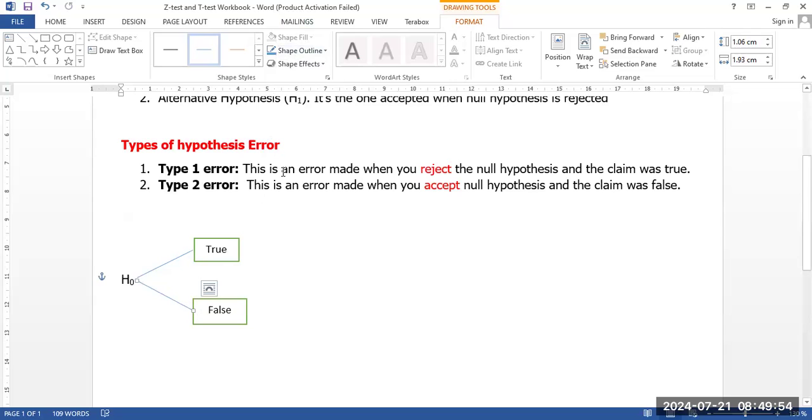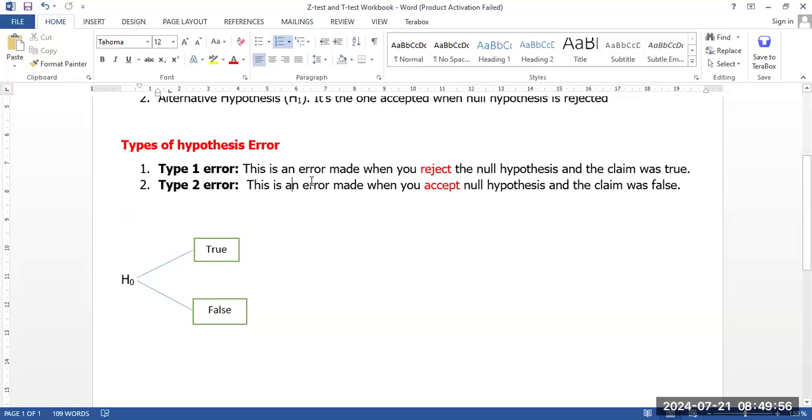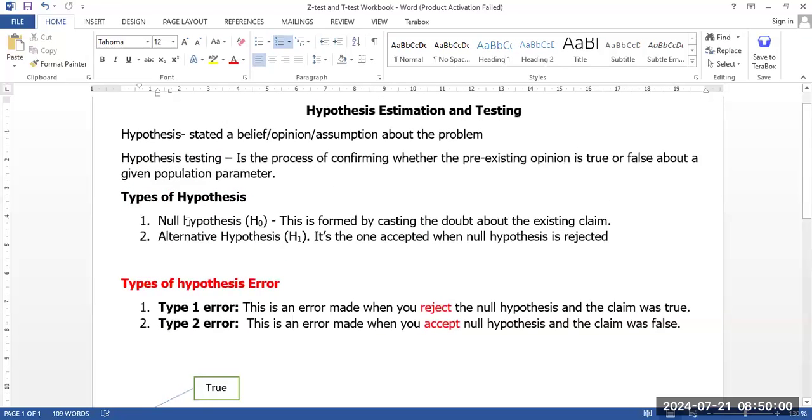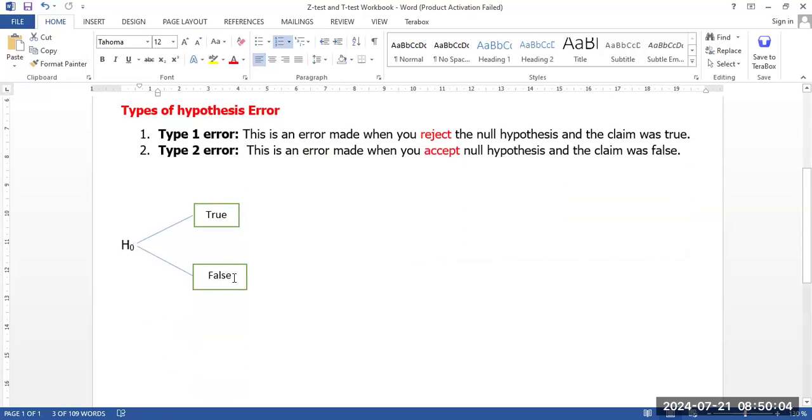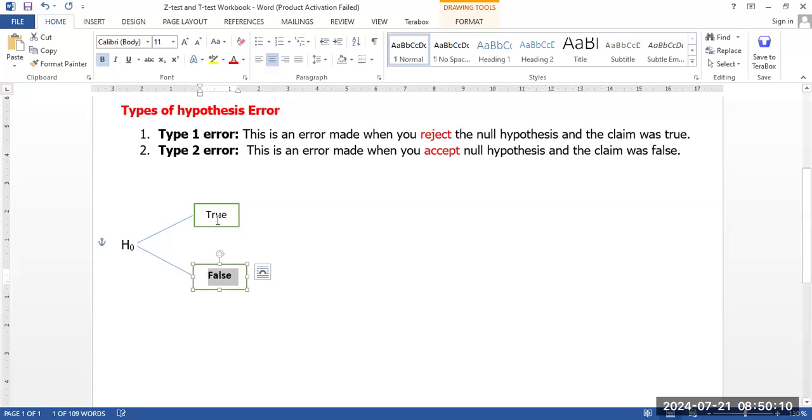Do you agree? Colleagues, do you agree? What you state can either be true or can be false.